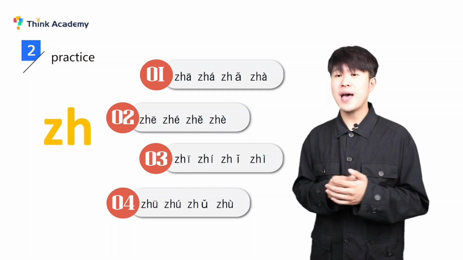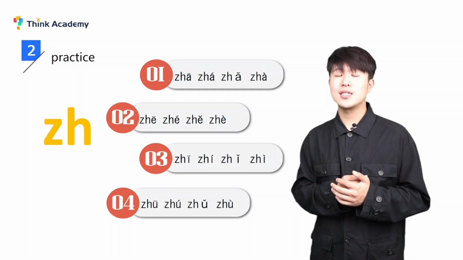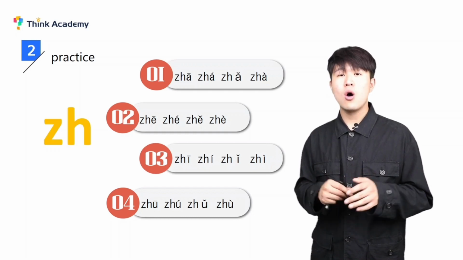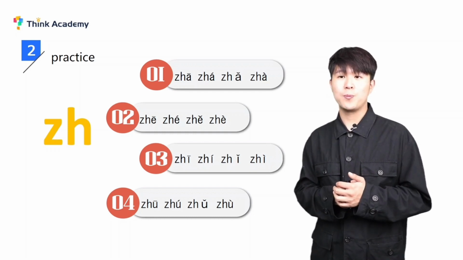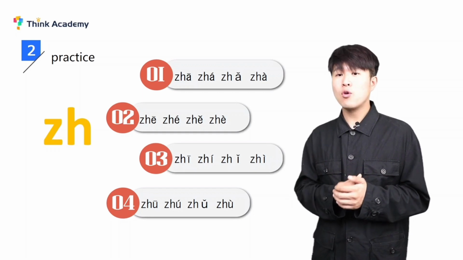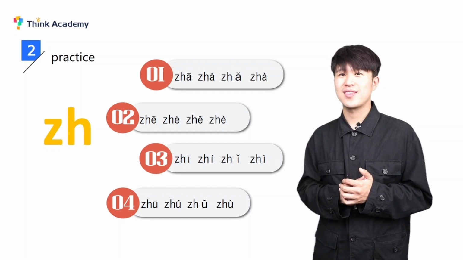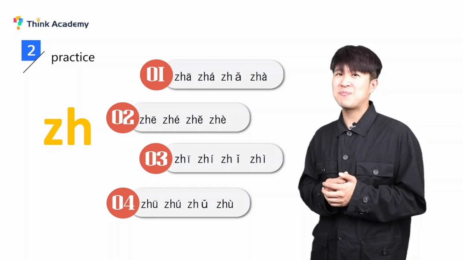So instead of spelling, they directly read 知. This syllable is called overall recognition syllable. After that, we have a course dedicated to the overall recognition of syllables. Read after me. Are you ready?